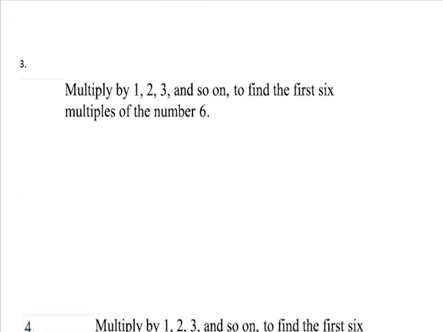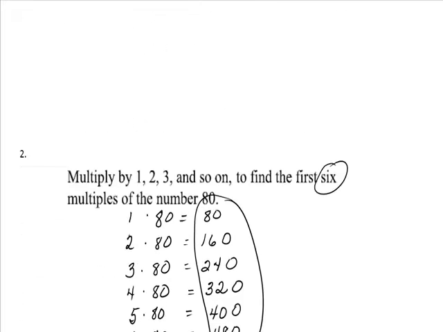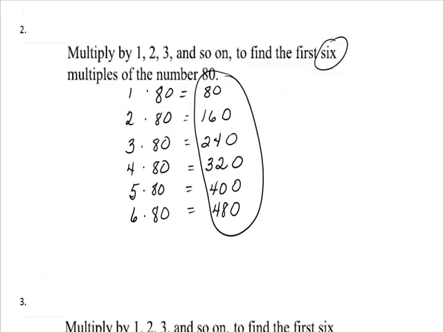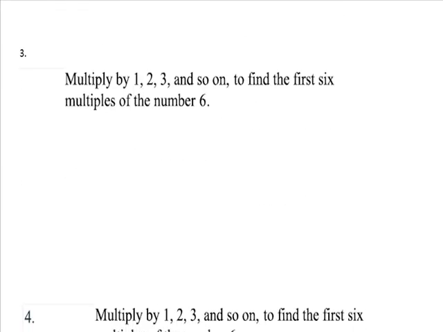I guess I get to skip number 3 because we've already, no, wait a minute. Nope, I thought it was the same, but it was not. I want the first 6 multiples of 6. So 1, 2, 3, 4, 5, 6 times 6. These are the multiples of 6.